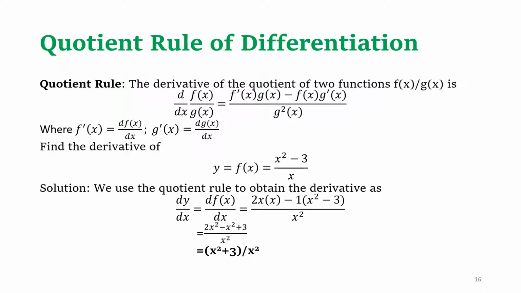So now let's find the derivative of this. y equals f of x equals x squared minus 3 divided by x. First, we're going to find the derivative of the numerator. We differentiate the top, the numerator. That gives us 2 times x, and then 2 minus 1 is just 1, so it's 2x, right?